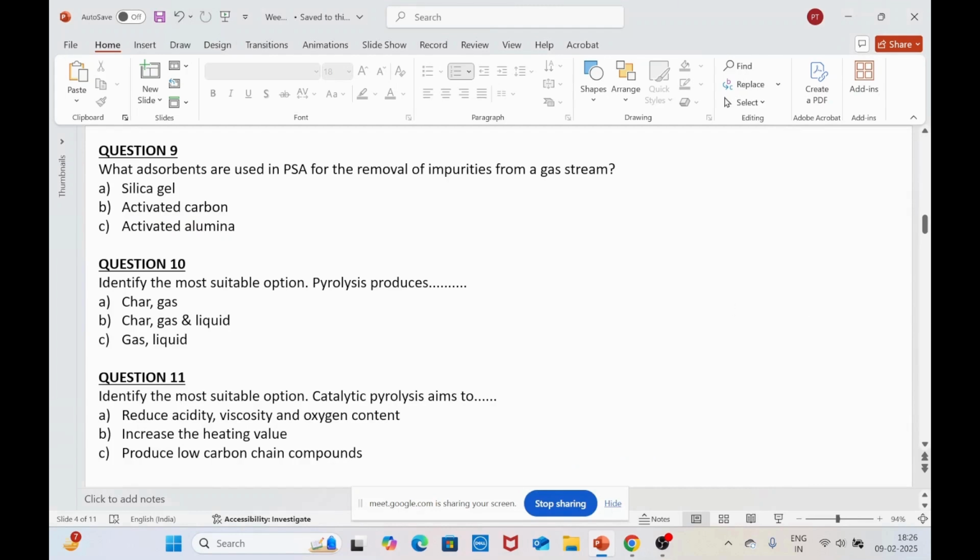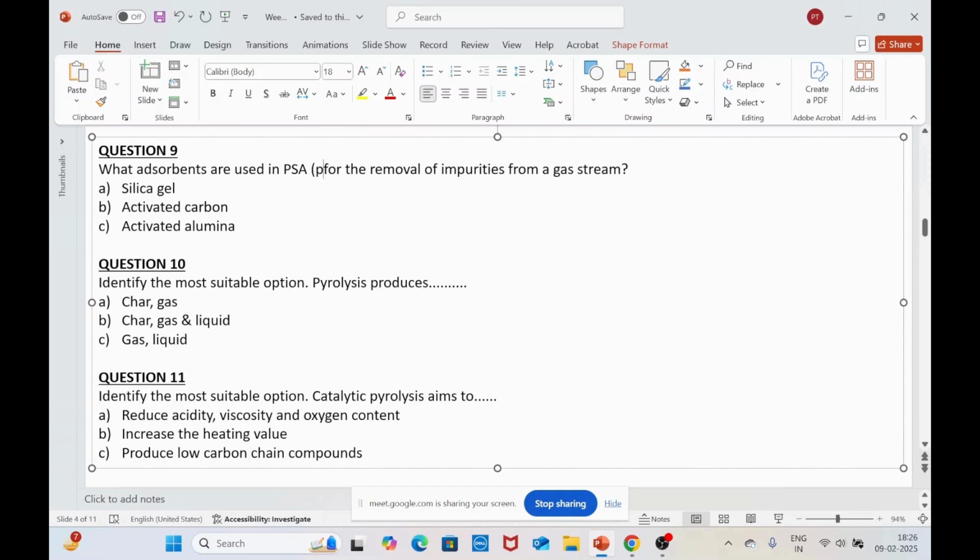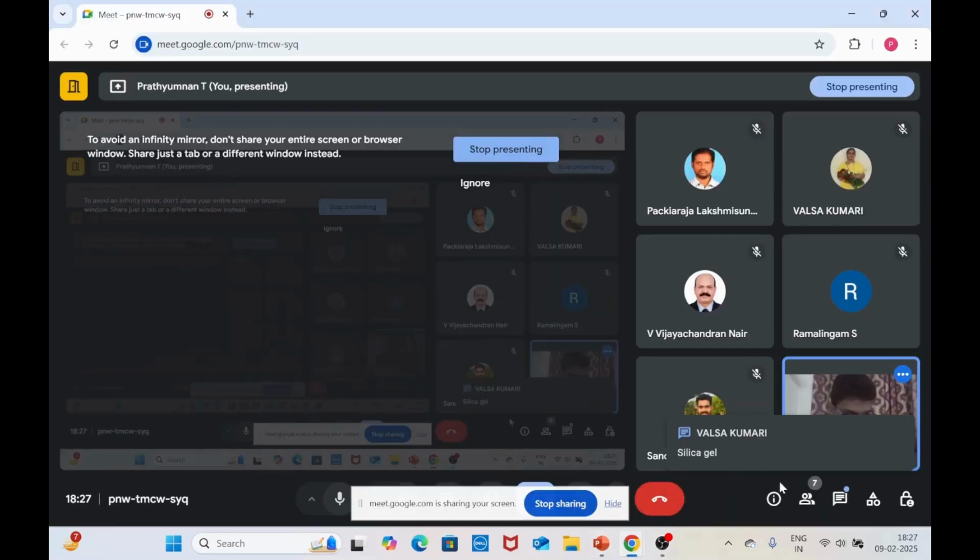So PSA means pressure swing adsorption, and here the answer is going to be all three. Do we have any response?